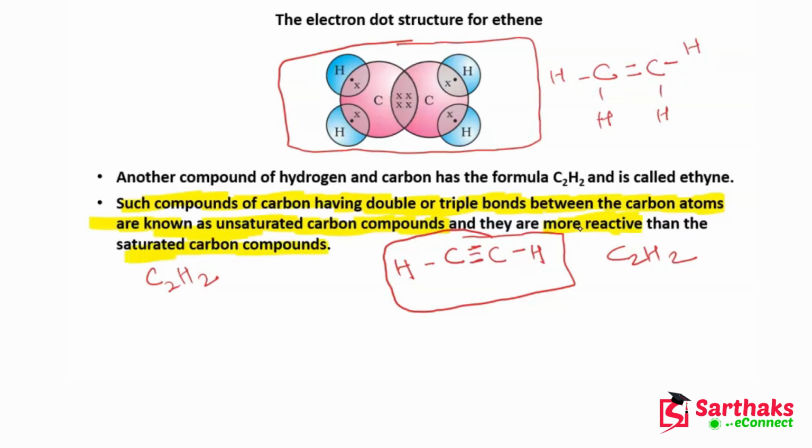I hope this point is clear to you. We have seen here the saturated and unsaturated compounds, and we have already seen the allotropes of carbon. I hope these points are clear to you.